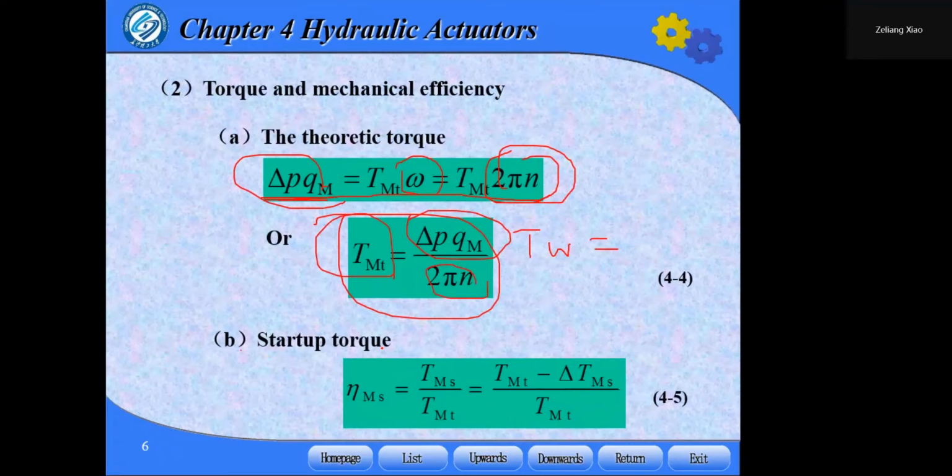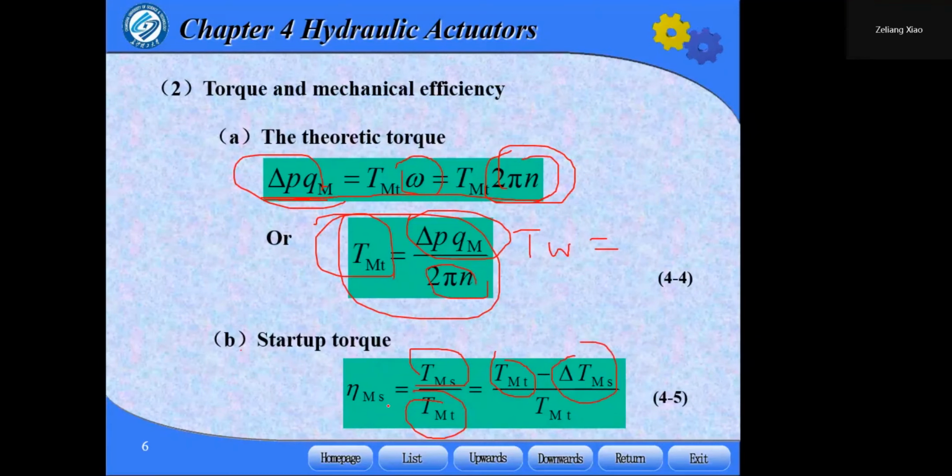And the startup torque. The startup torque can be calculated by this equation. This is the theoretical torque, and this is the startup torque. Startup torque equals the theoretical torque minus the loss of the torque in the startup period.